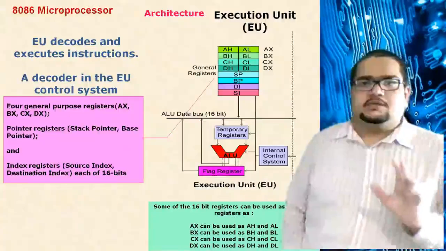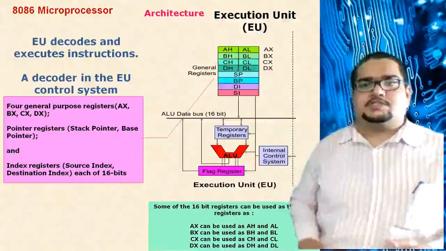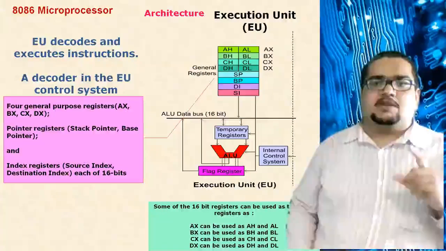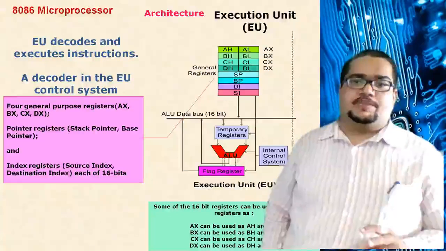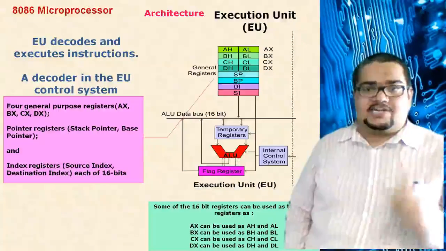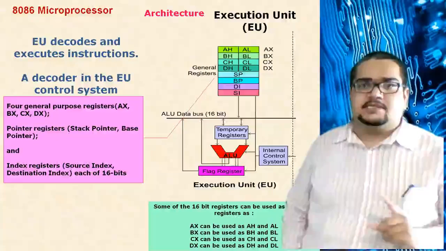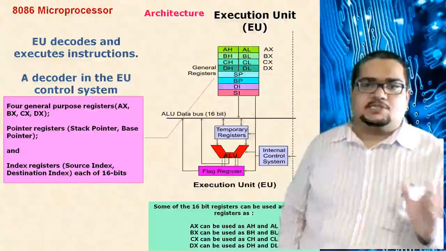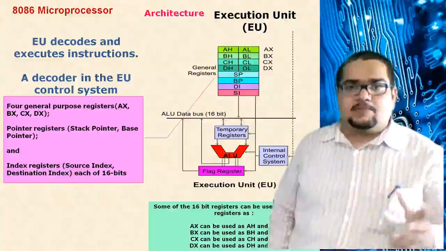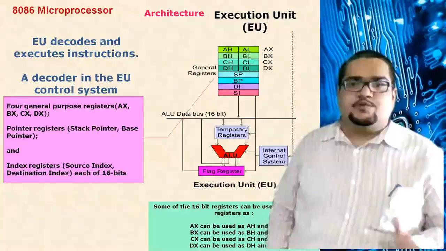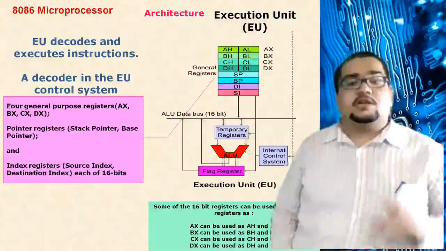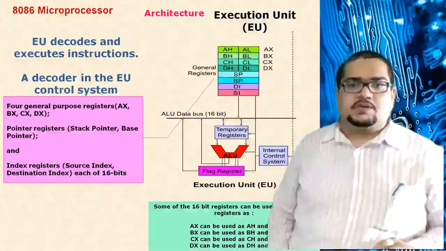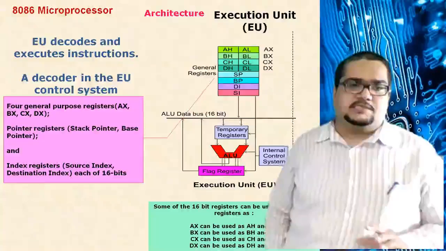The processor can manipulate data by doing arithmetic operations and logical operations on it, and it can handle string data. A string is a collection of characters, and in a string you can insert a few characters, delete a few characters, or compare two strings. You can do all these things with strings.